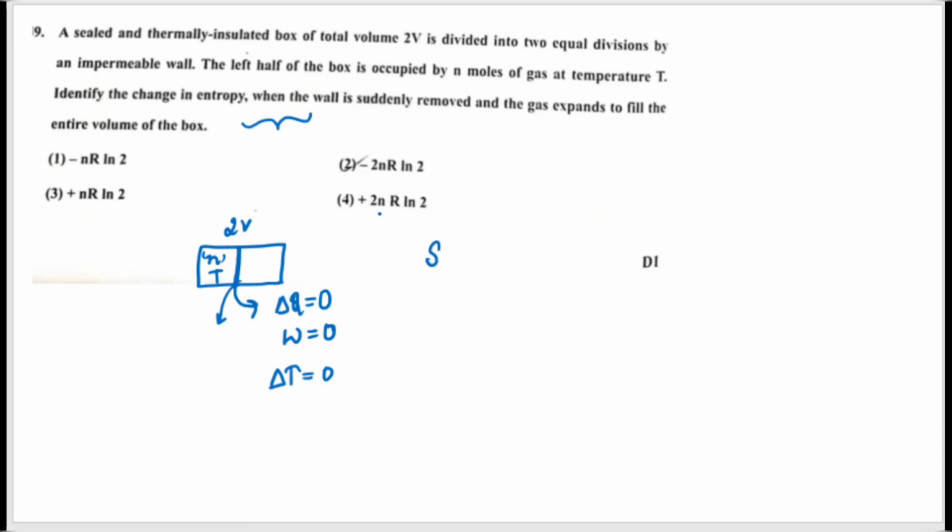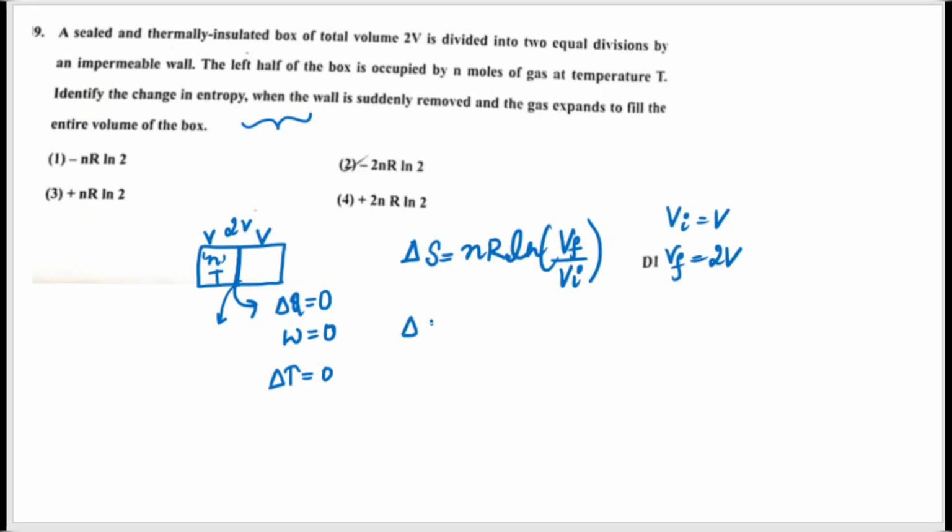That formula is delta S equal to nR ln of V final divided by V initial. What is n? It is the number of moles. R is the universal gas constant, and ln is the natural logarithm, V final divided by V initial, right? V initial, the volume we were having, is divided into two equal halves, so V initial will be V and V final will be 2V, right?